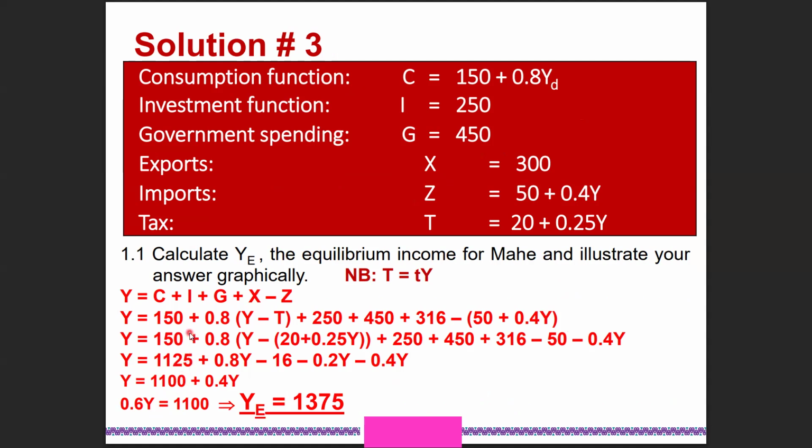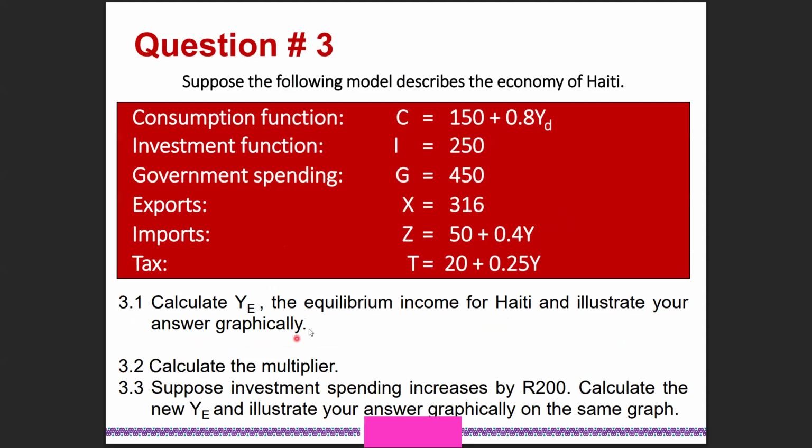I couldn't identify the mistake that they made, but then we are going to do these calculations. But the answer is correct. It's just that we did something. So let's just do it.